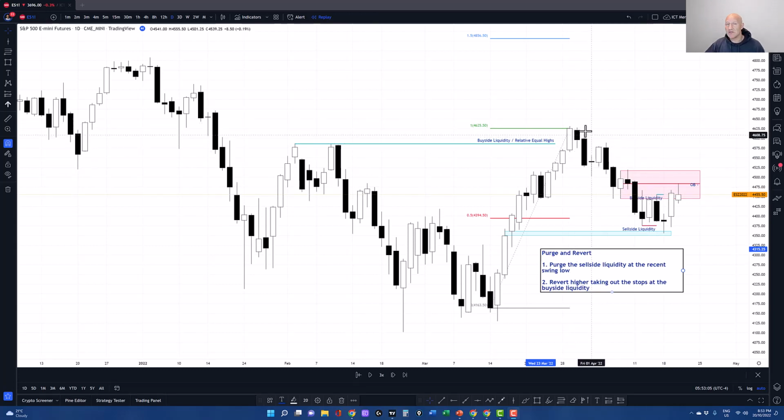If they'd taken a short position up here, as the market's moved in their favor, they'll trail their stop behind them. And obviously if they're short, their stop will be a buy stop at market to close out their position. So what happens is we get this purge and revert, and as the market trades higher, it takes out those stops, and that fuels that move higher. Now the question is where will liquidity draw to?